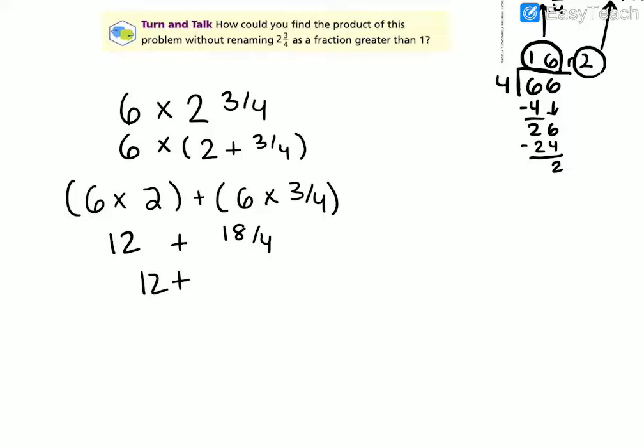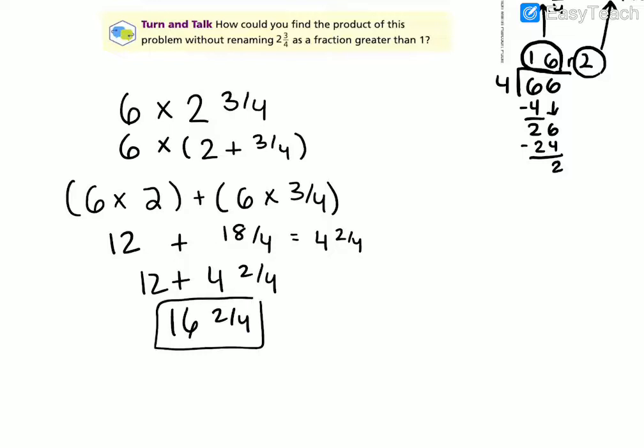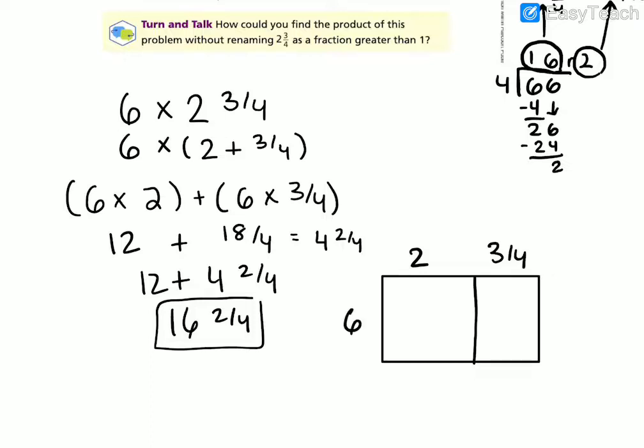18 fourths, there's 4 groups of 4 plus 2 fourths remaining. I get the same answer of 16 and 2 fourths. I can also solve it on an area model. Break apart by place value. 12, 18 fourths, or 4 and 2 fourths. When I add these up, I still get my answer of 16 and 2 fourths.